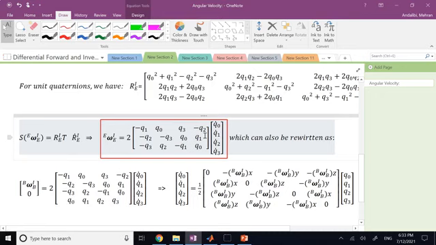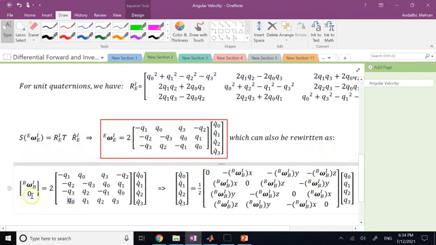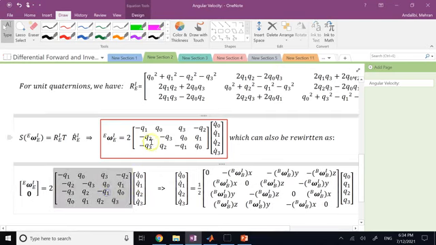Good. Now, what I will do is I will add a 4th row to this version here, and for that I will add a vector 0 here, just so that I can write the whole thing as a 4×4, not 3×4.